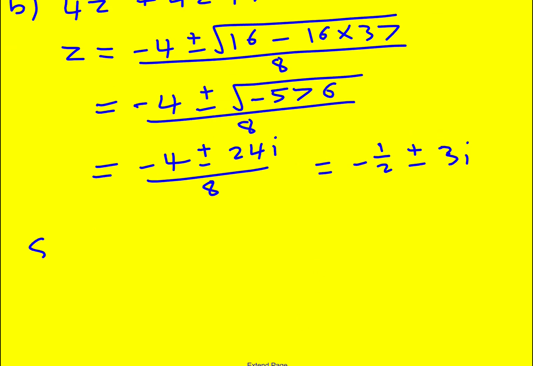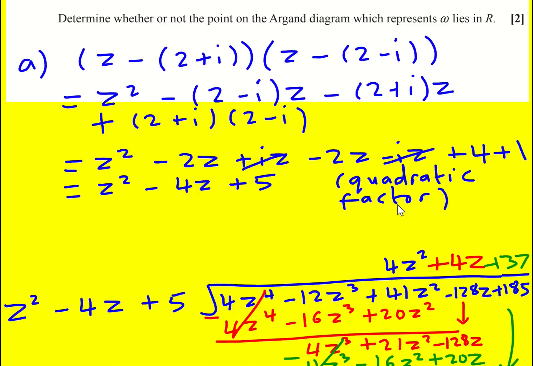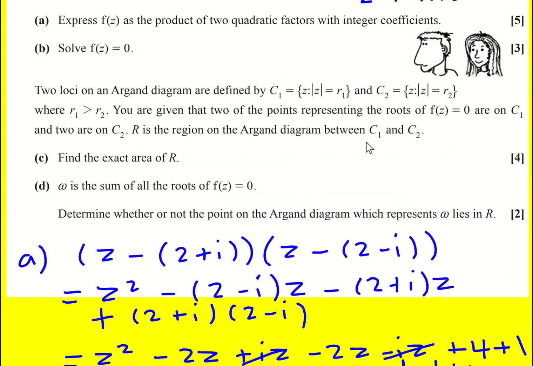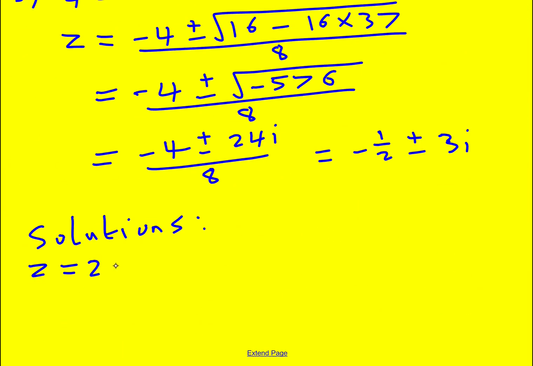So overall solutions: Z equals, let's do the ones right at the start. Remember what we had right at the start of the question: 2 minus i and 2 plus i. Minus a half plus 3i, or minus a half minus 3i. There we go.